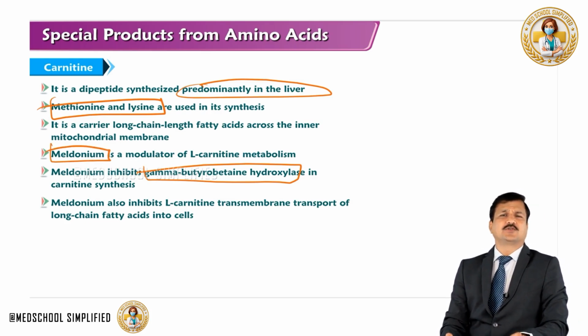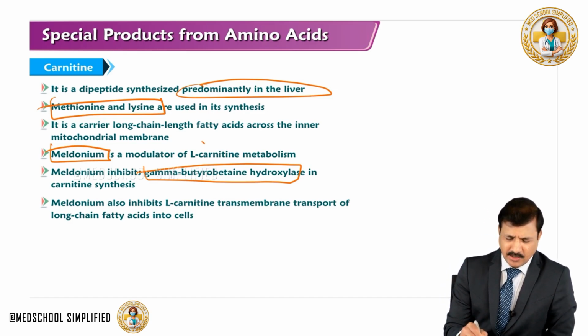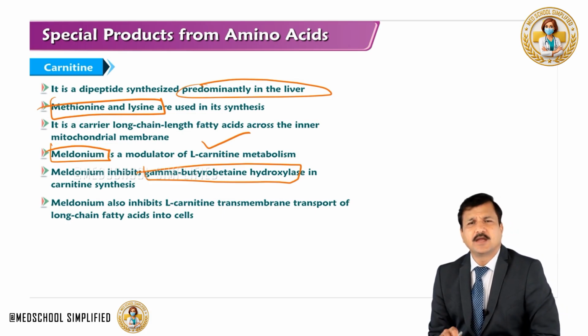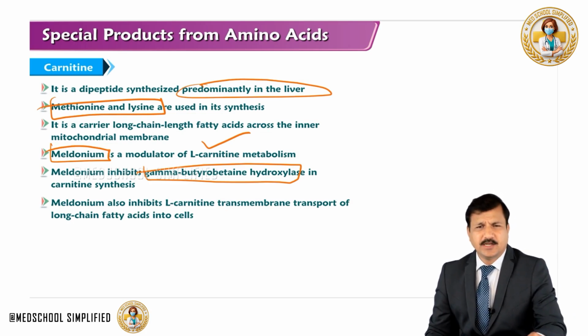Meldonium, as I explained to you in the carnitine shuttle mechanism during the fatty acid oxidation process, is a doping agent abused by sports persons, because meldonium is a modulator of L-carnitine, thereby it is going to modulate our metabolism from highly aerobic metabolism, which is oxidation of fatty acids, to oxidation of glucose, thereby decreasing the oxygen demand by our tissues and thereby improving the muscle function, including athletic performance.